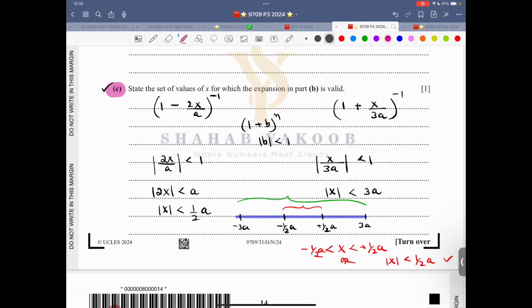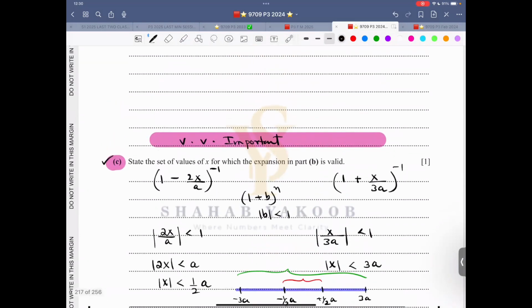It says state the set of values. This is very important. Very, very important. State the set of values of x for which the expansion is valid. So now the rule is, when we have 1 plus b raised to power of n, where n could be a negative integer or n could be a fraction, the series is infinite. So understand the logic a bit.